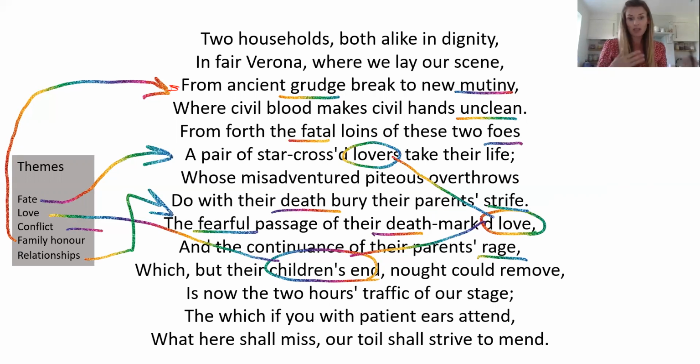Relationships between Romeo and his friends, relationships between Juliet and her parents, Juliet and the nurse, Romeo and Juliet is the most obvious one that we're talking about here. The relationships between these civilians almost, and the fact that their relationship doesn't have to be a positive one. They have a relationship because they're choosing their sides. And suddenly you'll realise that this prologue has so much in there that you can talk about.